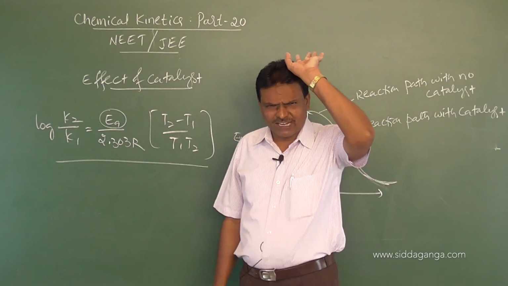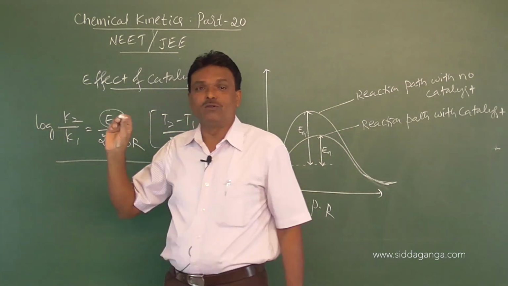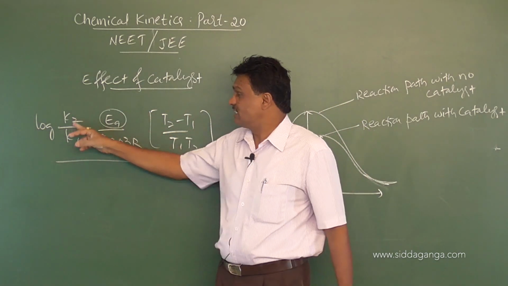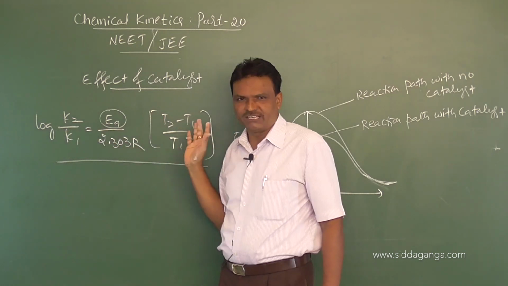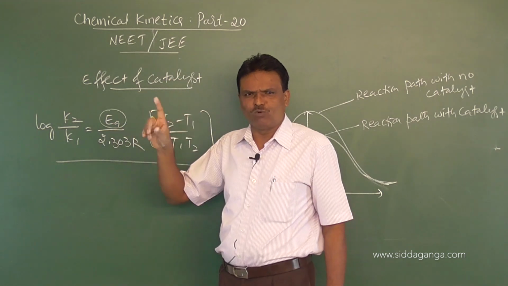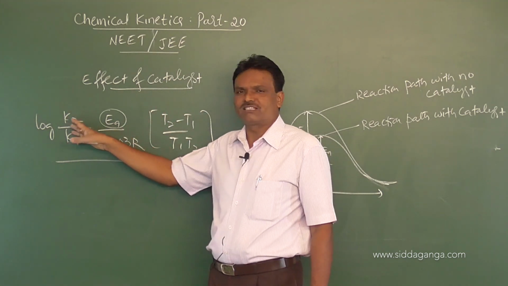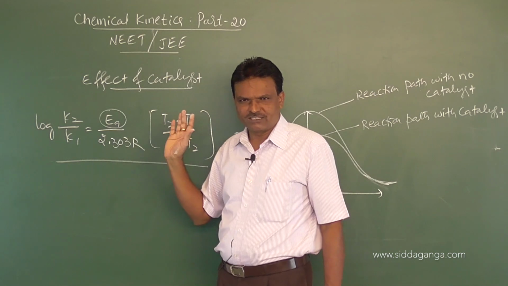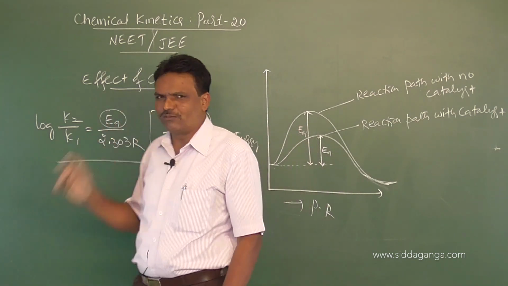So to calculate the energy of activation, what must be known? Two velocity constants at their respective temperatures. Evaluation of energy of activation is possible only by knowing two velocity constants at two different temperatures. Is it clear? So this is one form.